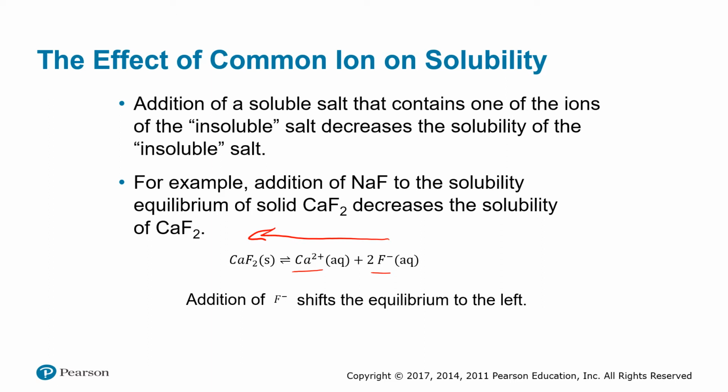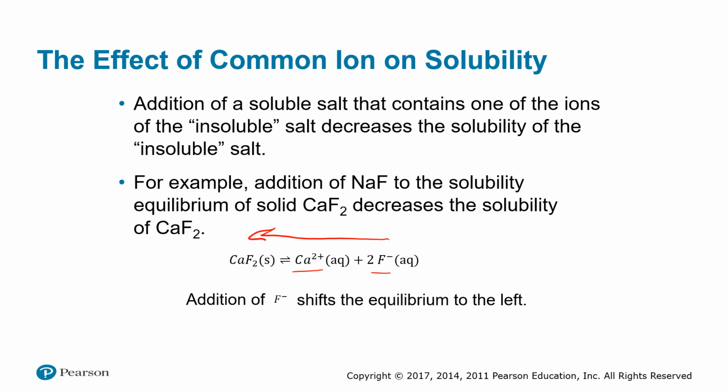Okay? And so because of this, if you have a solution made up of one ion, and you add more of a solution that has the same ion, it actually decreases the solubility of the original compound.